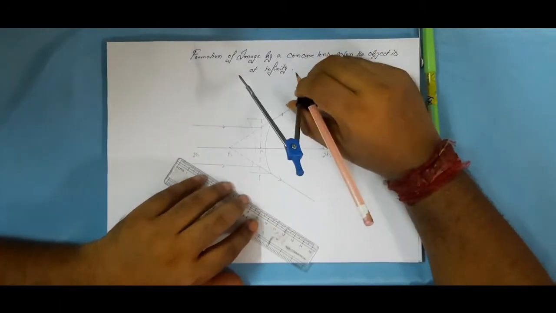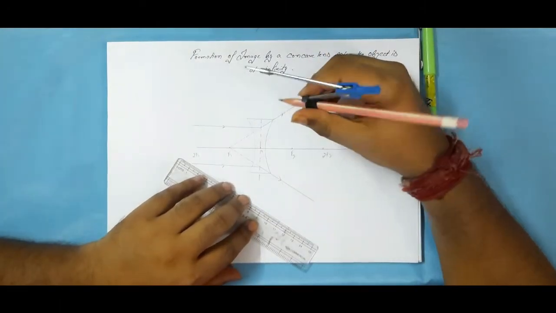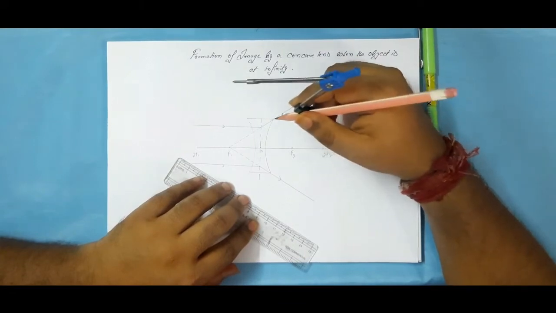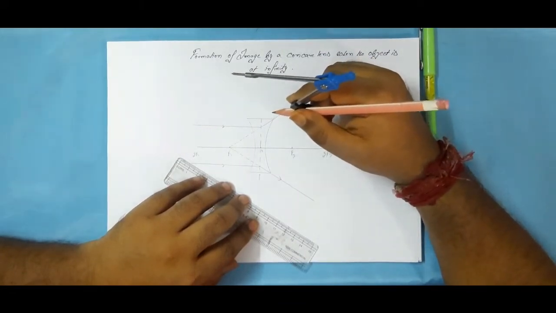So the characteristic of the image: number 1, since the object and the image are on the same side, it is virtual.